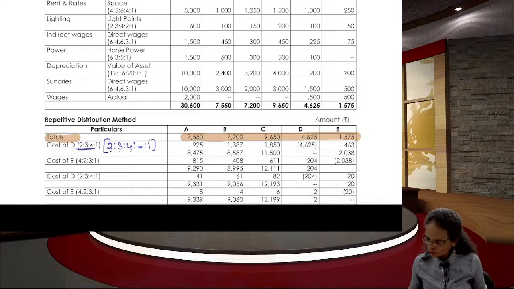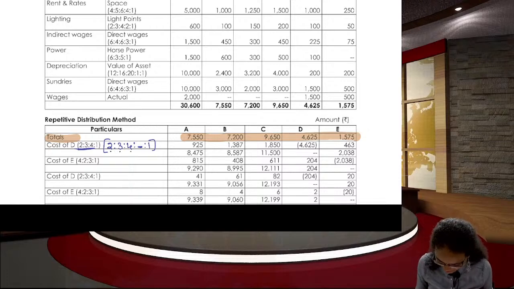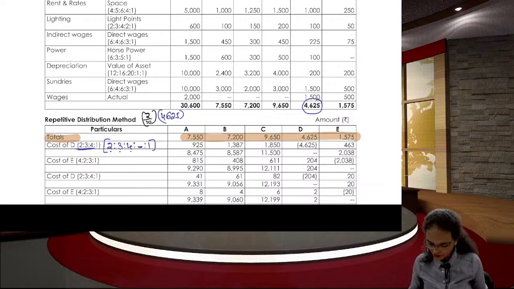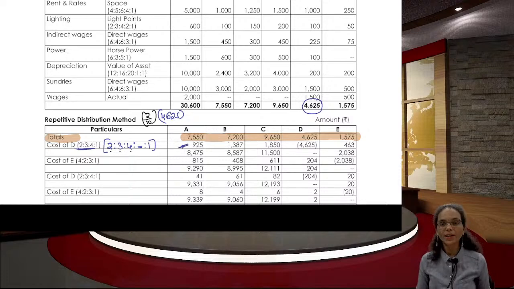Okay. 2 divided by 10, I'll write here, into the service department D's 4,625, that is 925. Getting the answer?